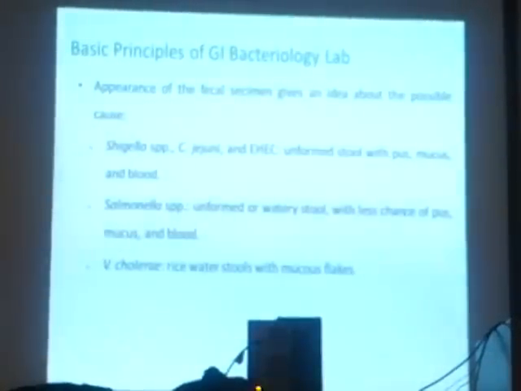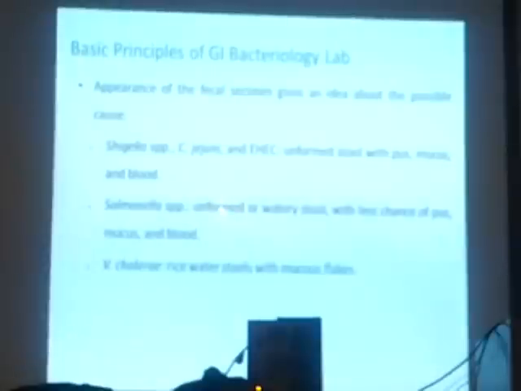Now, basic principles of the GI bacteriology lab, we have only 2 slides. The appearance of the fecal specimen gives an idea about the possible cause. So we observe the stool specimen. If it is an unformed stool, towards the liquid state, with pus, mucus and blood, then we suspect that it is caused by Shigella, Campylobacter, or EHEC, E. coli O157:H7.